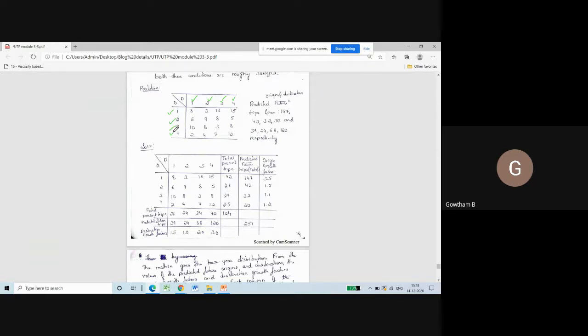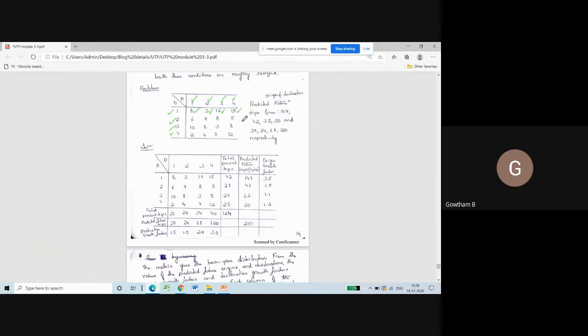Now, in the present condition, the trip exchange from zone 1 to 1, that means inside area number 1, a total of 8 trips are plying. From area number 1 to area number 2, 3 trips are going. From area number 1 to area number 3, a total of 16 trips are going. And from area number 1 to area number 4, a total of 15 trips are going.